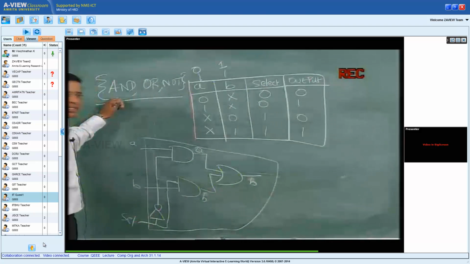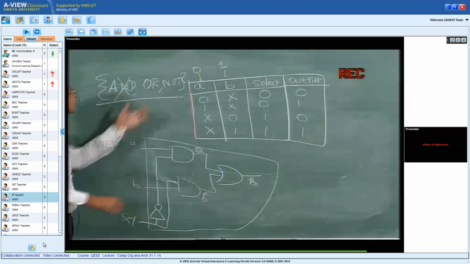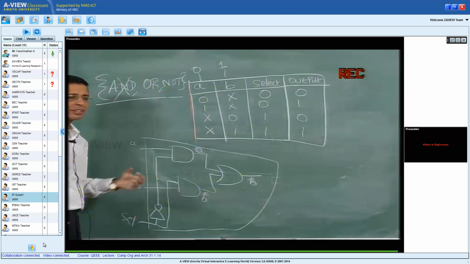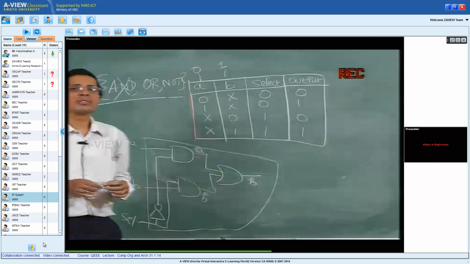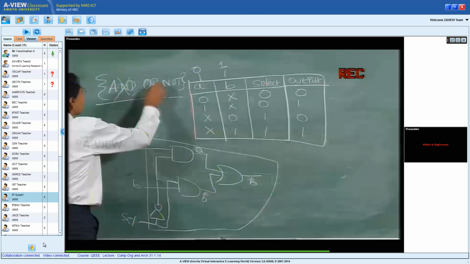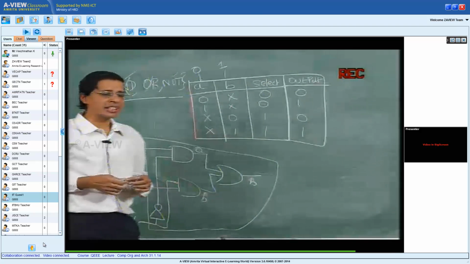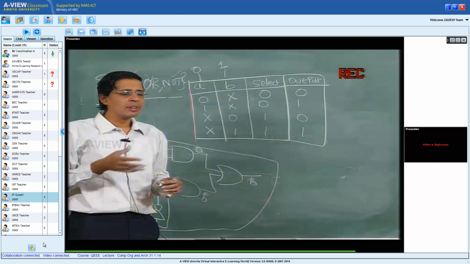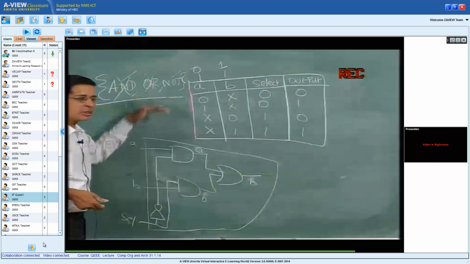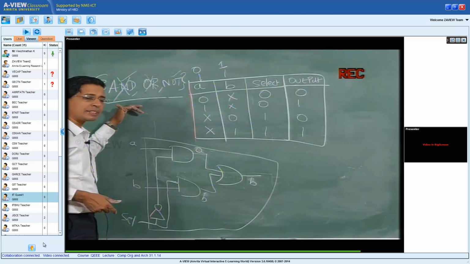In this case of AND, OR, NOT, I can remove AND and just retain OR and NOT and still say it is functionally complete. Similarly, I can remove OR and just retain AND and NOT and still say it is functionally complete. So this particular set is not a minimally functionally complete set.